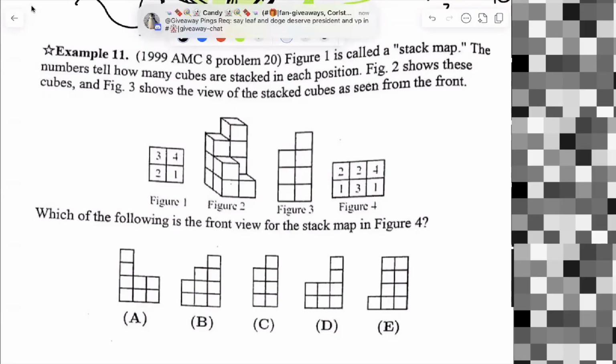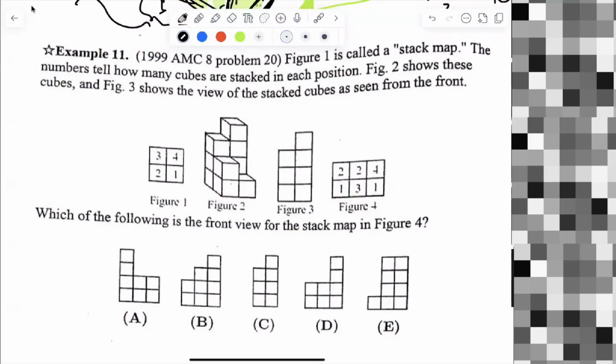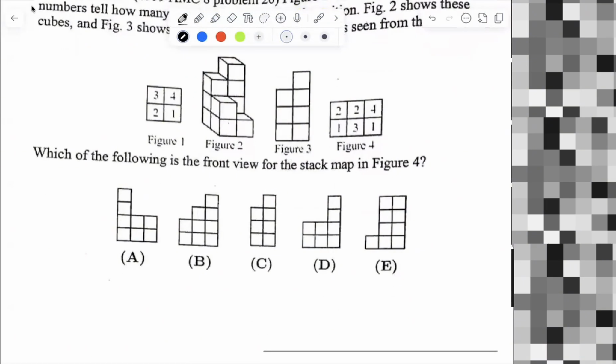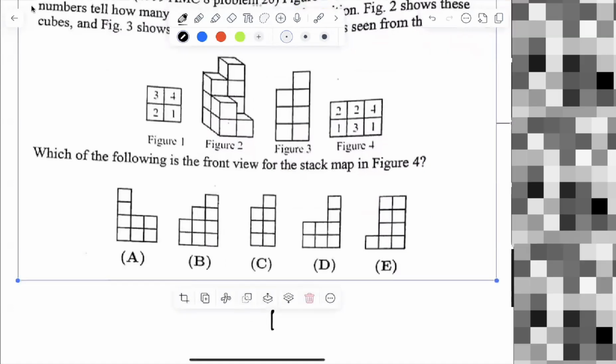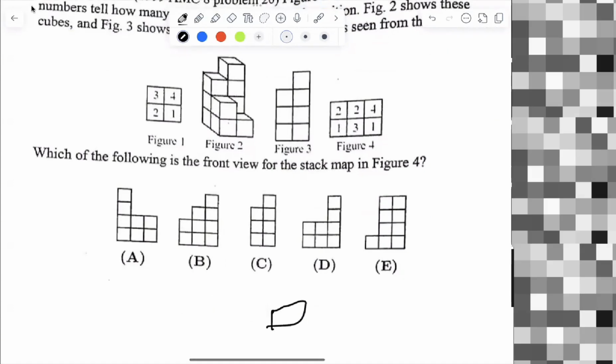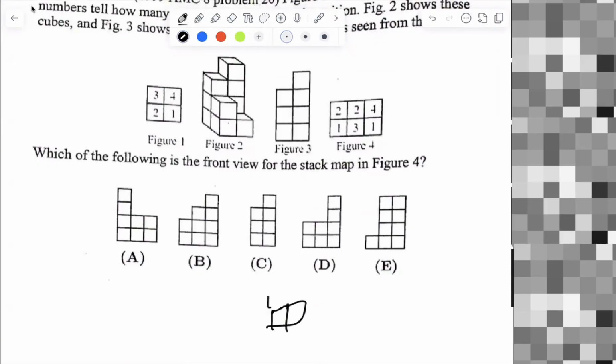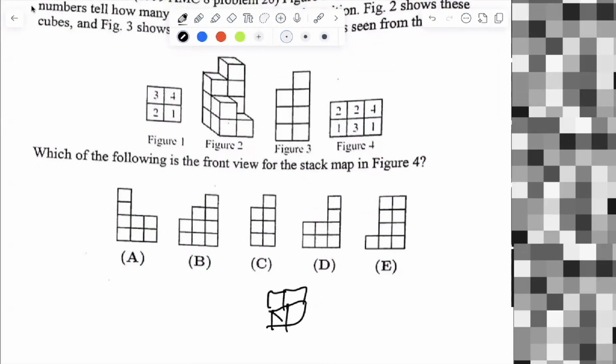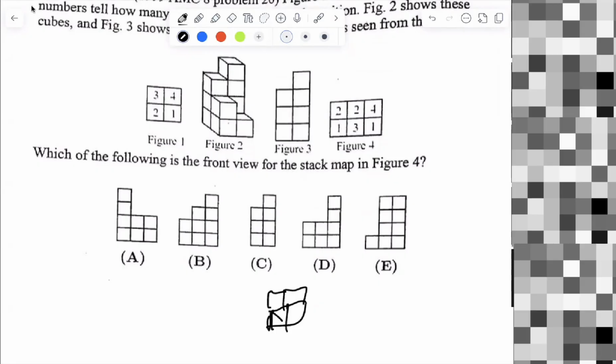Well, notice that from here, we can get this figure. On the back, there's 2. That's what the back is.